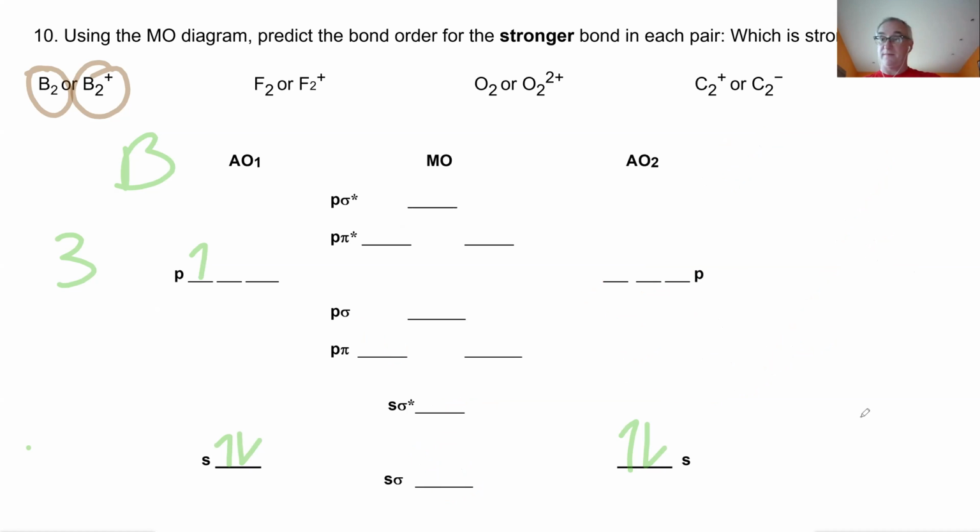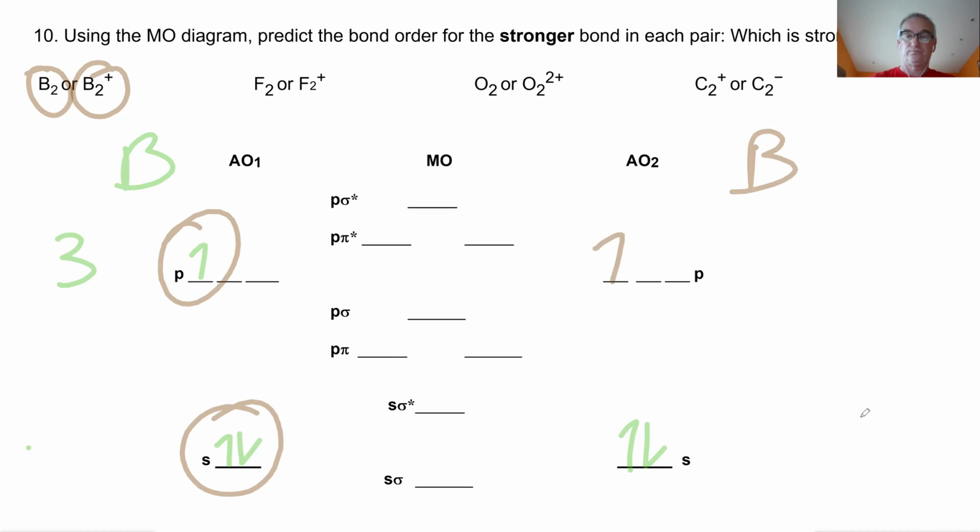So boron on the left stays the same, and I will replace this with boron as well. So they'll look exactly the same. They'll each have a pair in S and one in P. Now let's go through it again. And now I have, how many total electrons do I have this time?